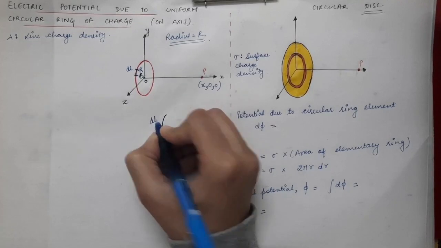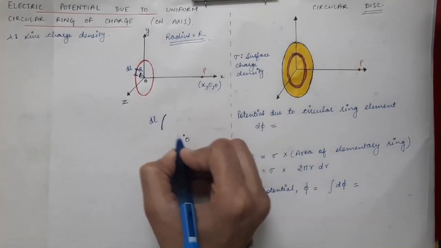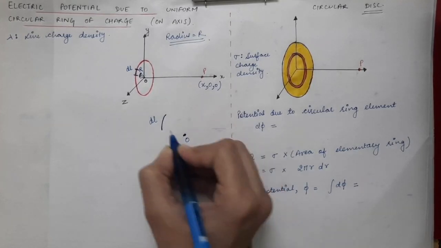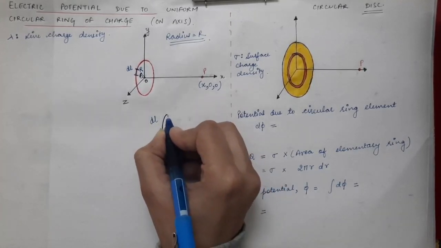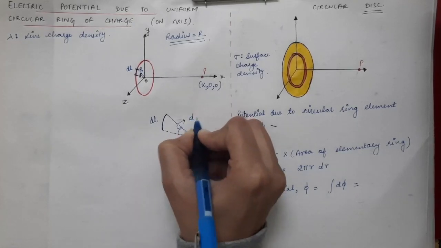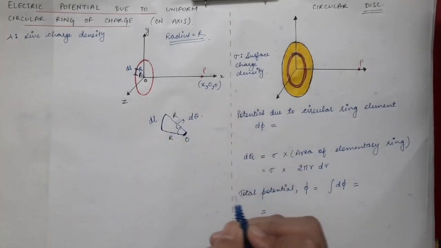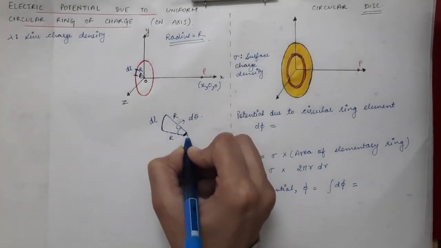So let's say this is the small length element dl, and this is the center of the circular ring. So it is making an angle of d theta with its center. So this angle will be equal to d theta, and this distance is equal to capital R, and this distance is equal to capital R.